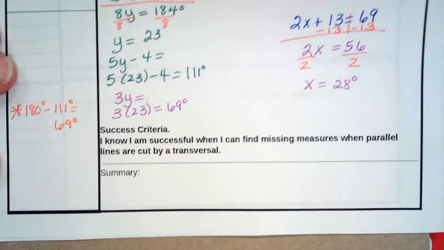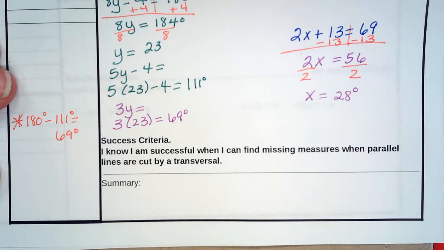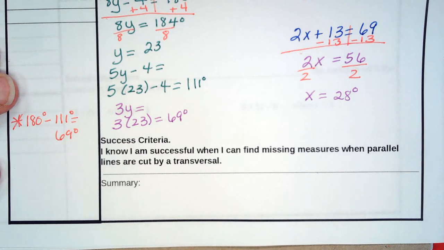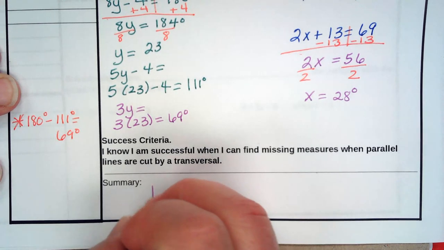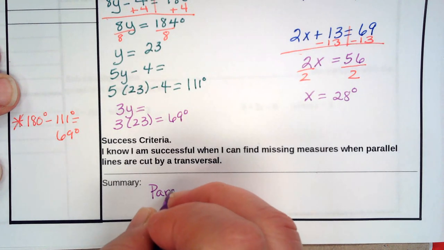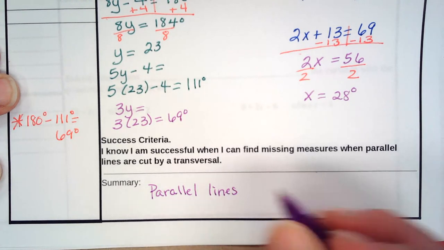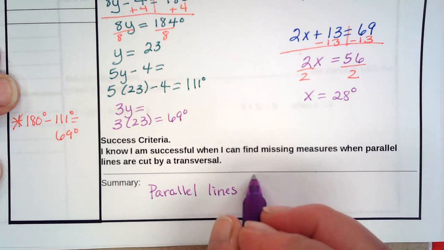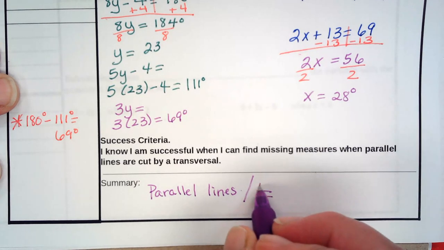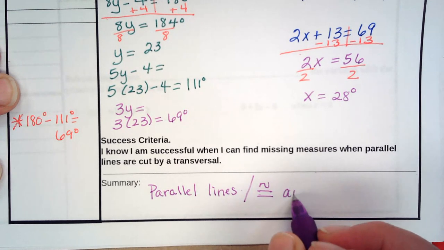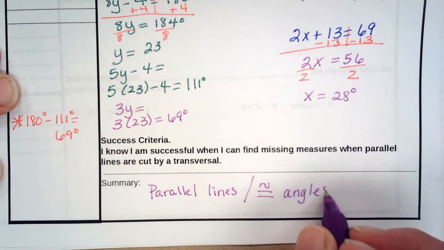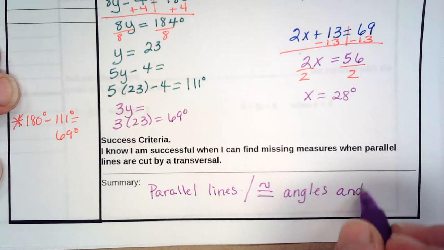So your summary: I know I am successful when I can find missing measures when parallel lines are cut by a transversal. So we're looking at parallel lines, specifically the congruent angles and supplementary angles.